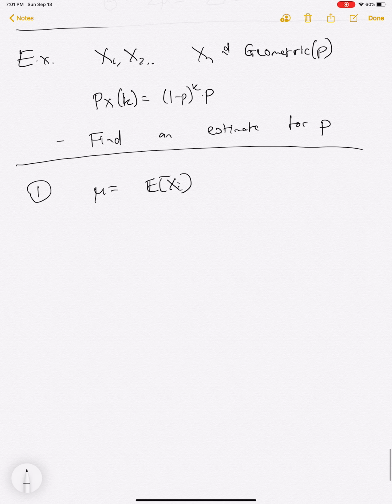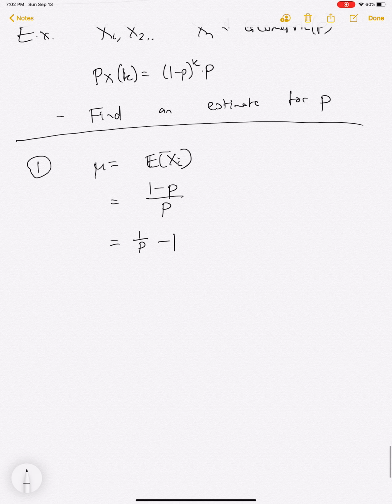Once again, this is something you can either look up or calculate, and you can see that that's (1 minus p) over p. I'm going to write it in a form that's a little more tractable, which is that this is equal to 1 over p minus 1. You'll see why we do this for inversion purposes.